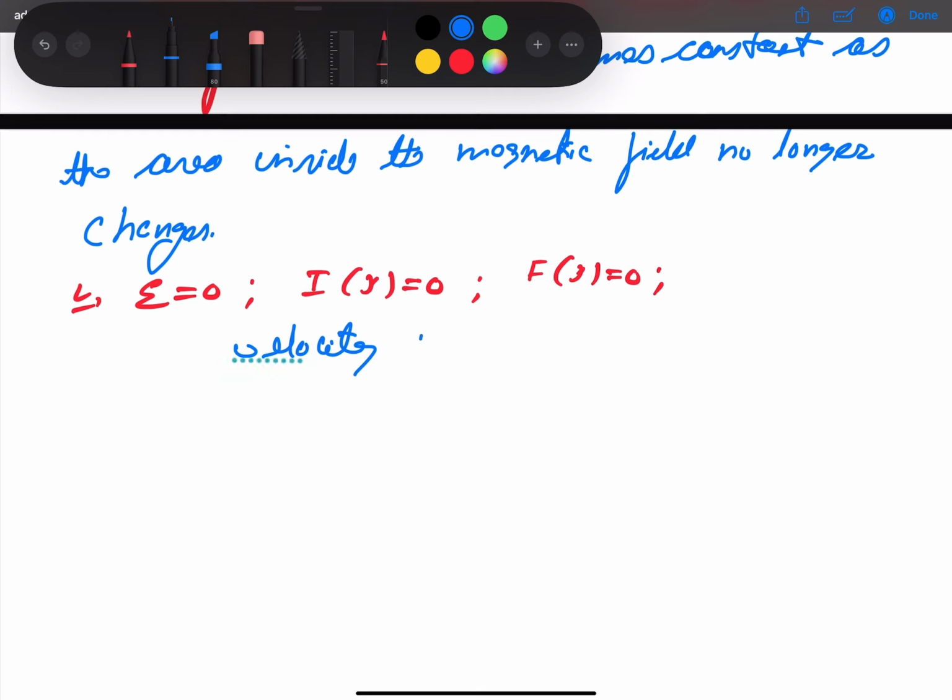Velocity remains constant, that is our V of x will now be our V of L, because it is entirely in the magnetic field, and the magnetic field as such does no work on the moving coil.